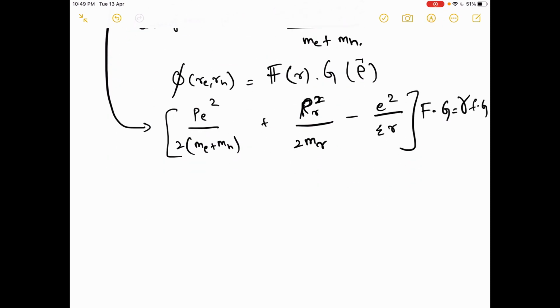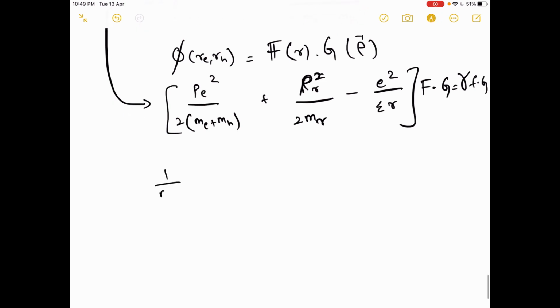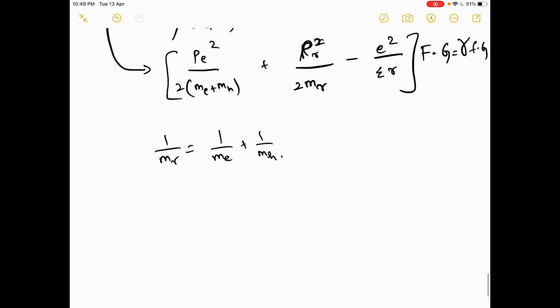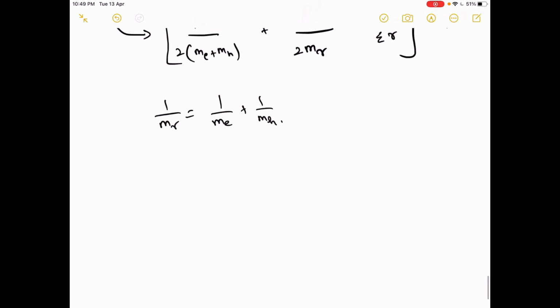This is how the two-body Schrodinger equation is now written in the center of mass representation, where 1 by mr is written as 1 by me plus 1 by mh. So this is some sort of a parallel capacitance summation, and this mr will always be smaller than either of them, right? So this is how this reduced mass is typically defined.